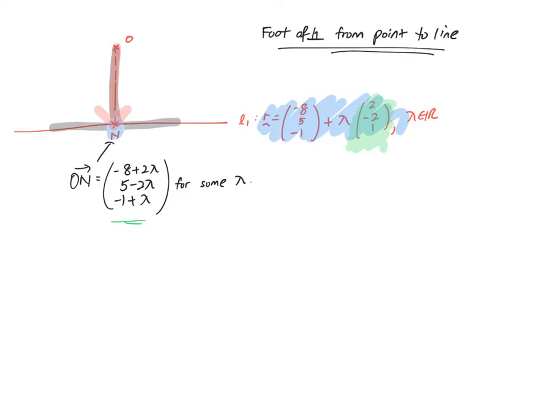So if I dot product ON with the direction vector of line 1, I'm going to get 0 because they are perpendicular.